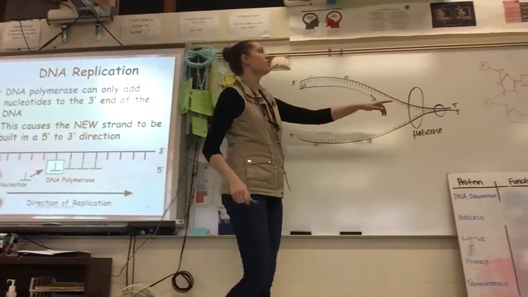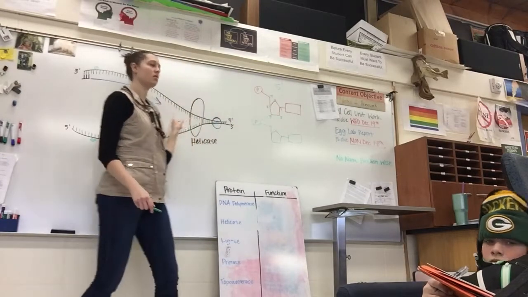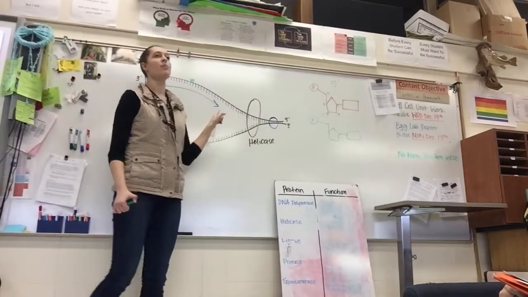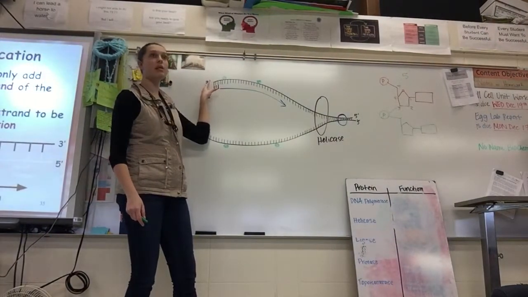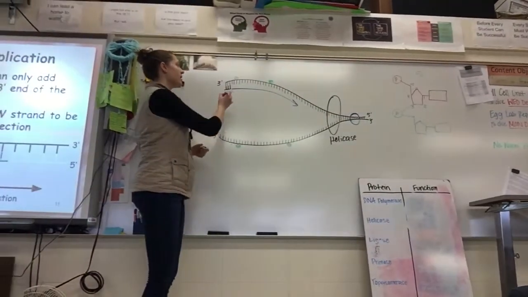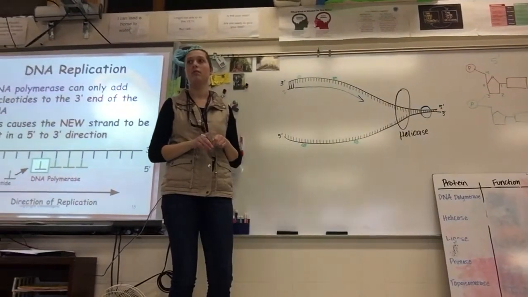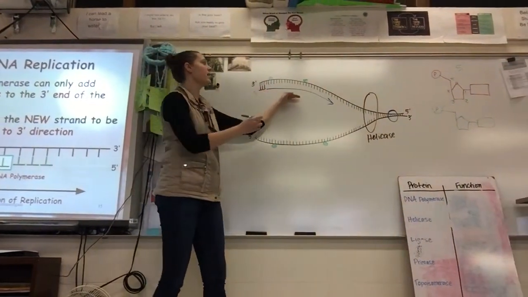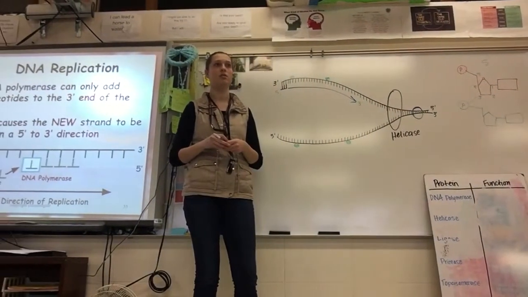I'm numbering the carbons here. So our original strand, this side was 3' to 5'. When we're laying down new nucleotides, our complementary strand is 5' for this one, and we're laying it down in the 3' direction.